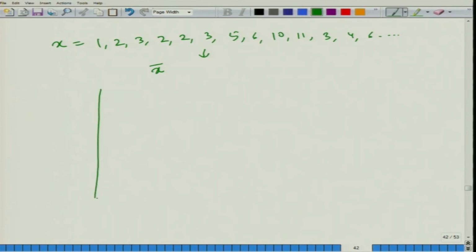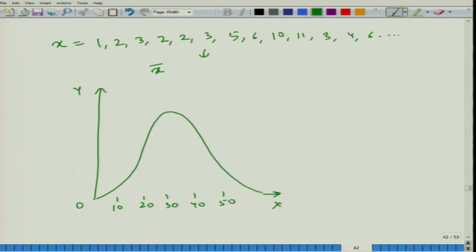On the other hand, suppose I gave you this distribution and we have these values of 20, 30, 40, 50, and suppose this is how your curve looked. On the y axis also we have, say, 100, 200, 300, 400, 500.